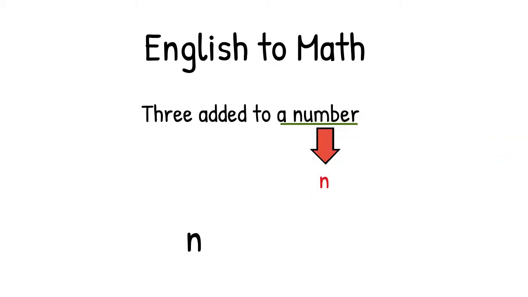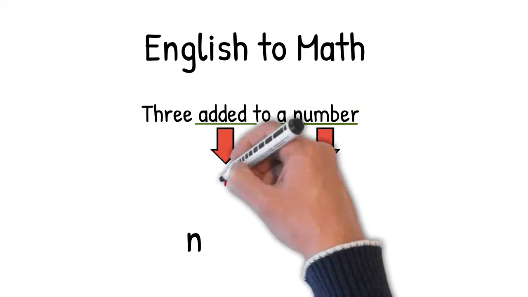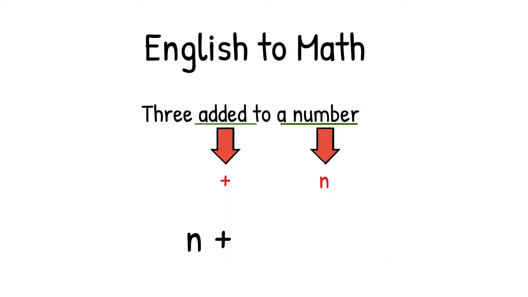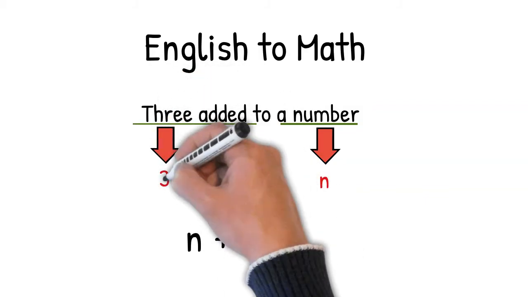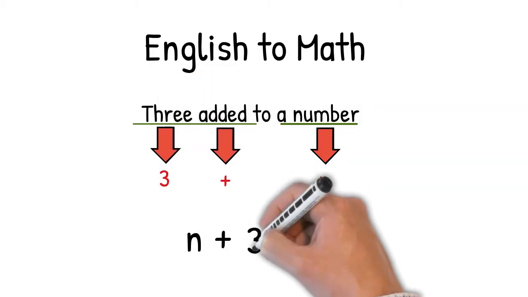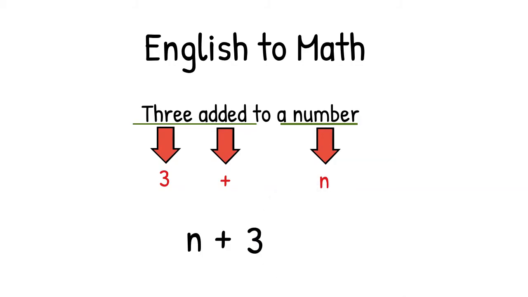I don't know what the number is, but if I continue to translate going in reverse, I come to added to. Added is a form of add, so I know I need addition. So I need the plus sign. What am I going to add? 3. 3 added to a number translates to n plus 3.